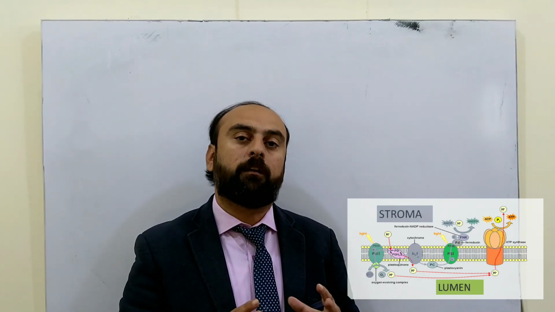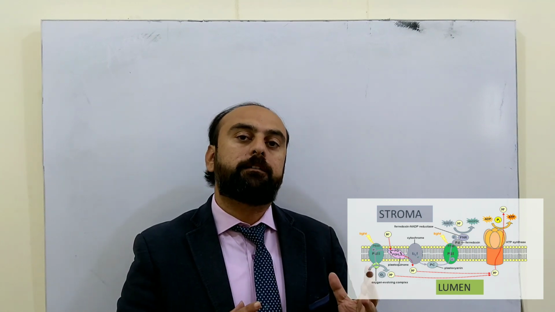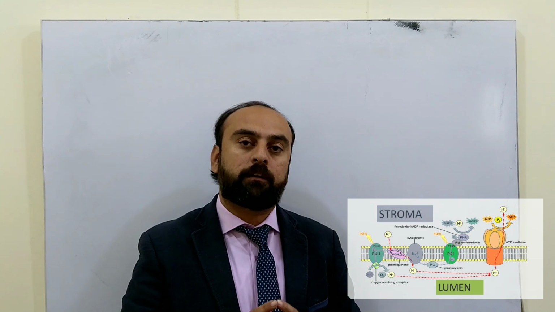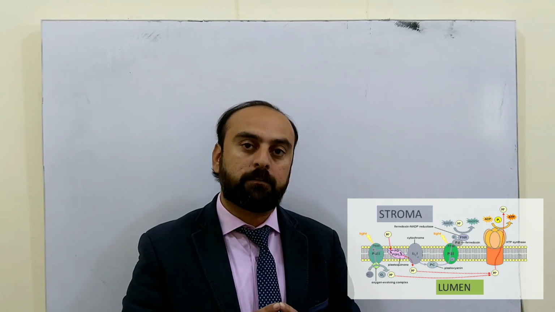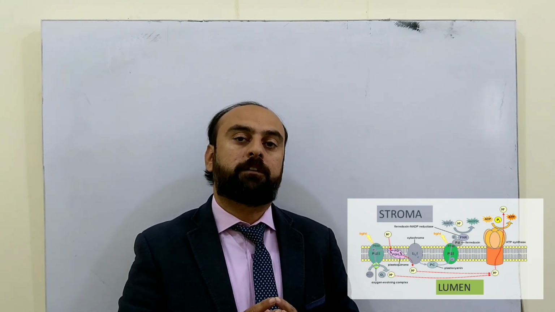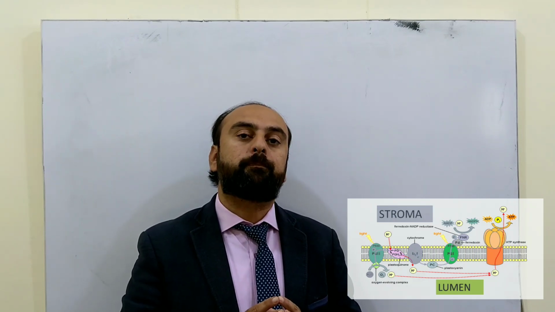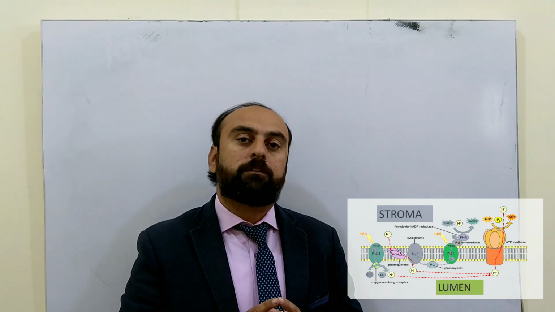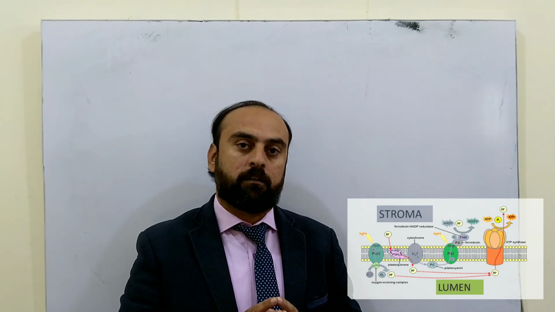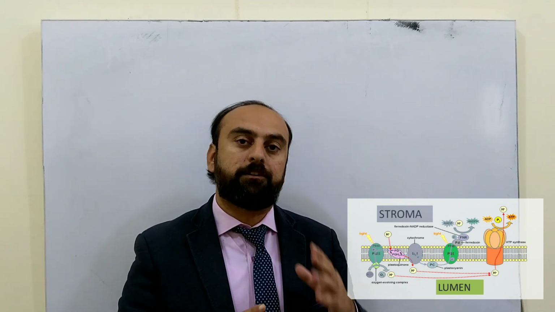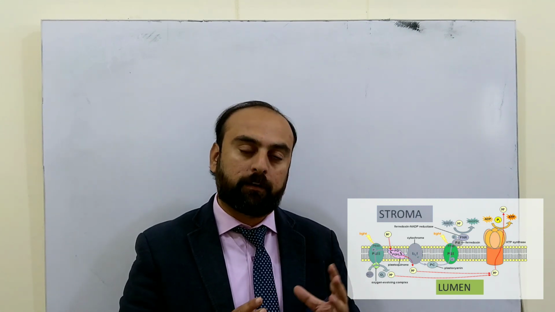When photosystem 1 absorbs light energy, it transfers its electrons to a small iron sulfur protein called ferredoxin, and ferredoxin, by transferring its electrons to NADP, reduces it to NADPH. So NADPH is one product of light reaction, that is the reducing power or cofactor.